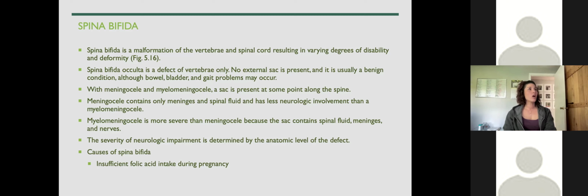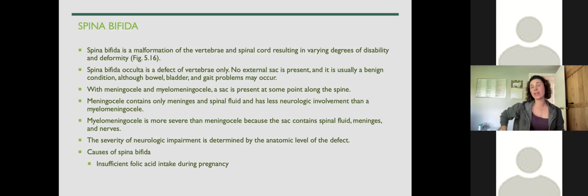So spina bifida occulta is where we just have a defect of our vertebrae. There's nothing outside the body, usually pretty benign, but they might have issues with walking and bowel and bladder training. If we have a meningocele, we have the meninges and spinal fluid that are in this sac outside of the body at some point along the spine.